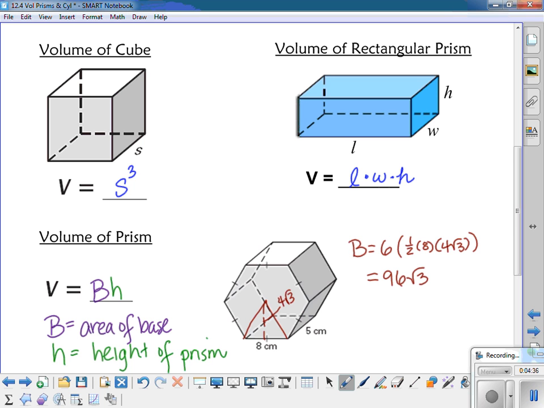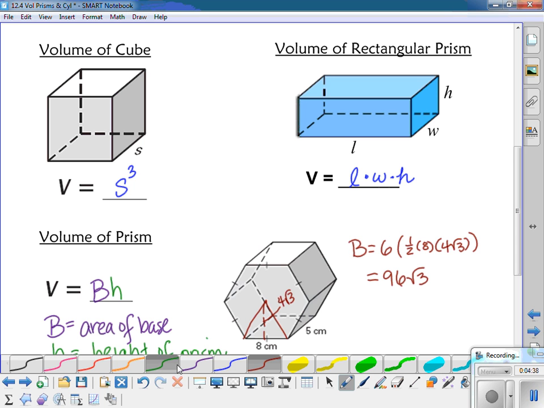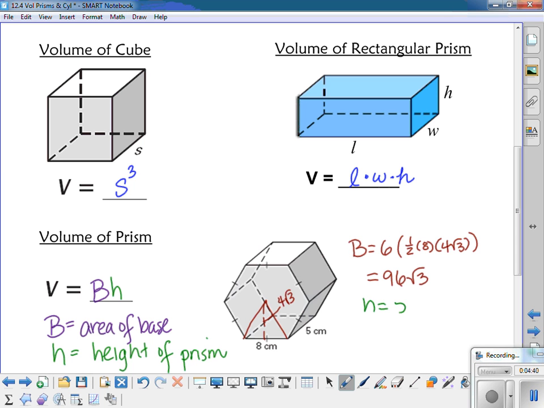And the height they gave me is 5. Now, you need to be careful with that because it looks like that's part of the base, but you have to realize that the base is this polygon here. And so you have to imagine if you turned the prism up so that it was standing with the hexagon on the bottom, how tall would it stand?